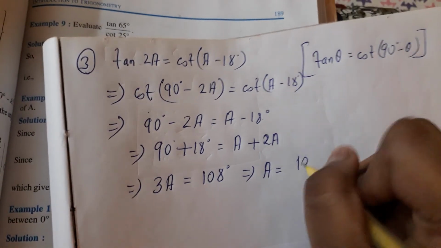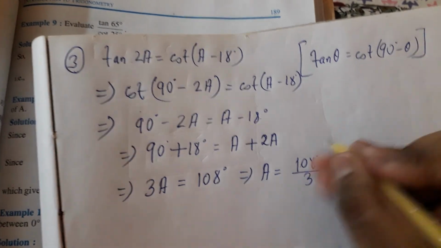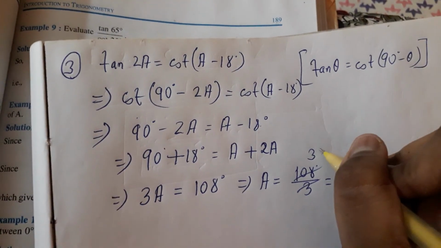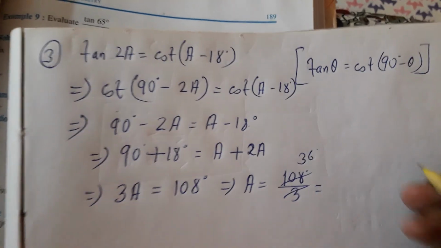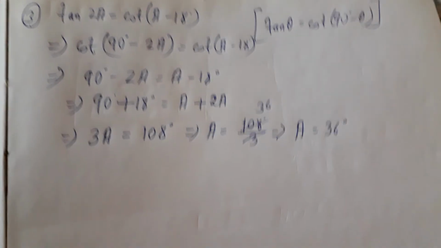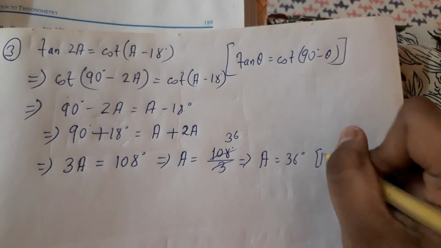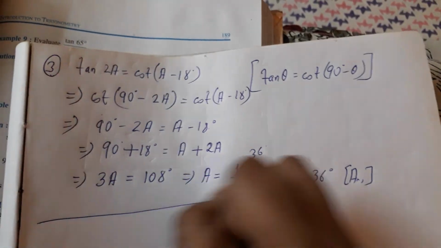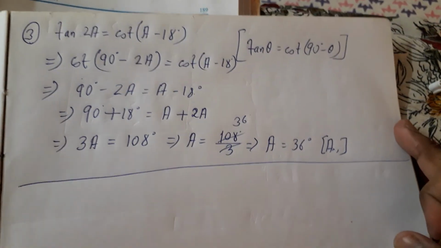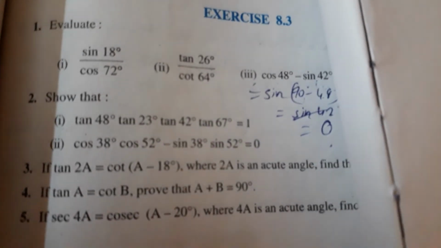Hence a is equals to 108 degree divided by 3. 3 3s are 9, 1 8, 3 is 6, 18. So a will be 36 degree. Okay, this is your answer. See, this is how to solve. This is how to find a. Okay, now see the fourth one.